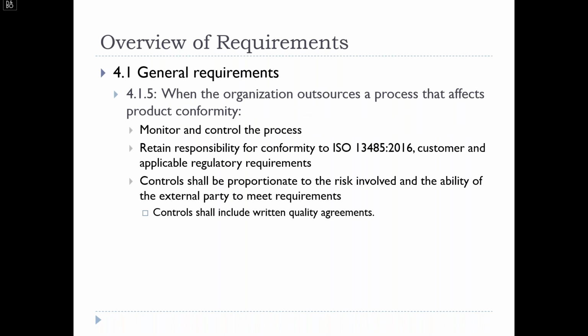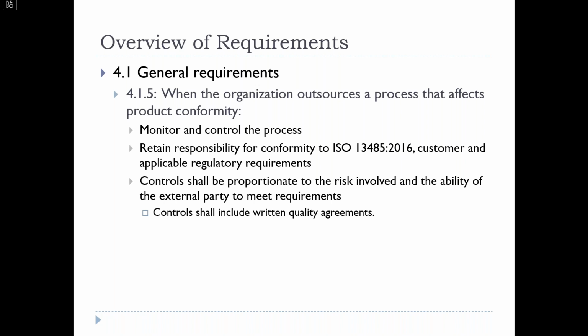4.1.5. Again, a really important slide. I think one of the most important slides in today's presentation. If an organization makes a business decision to outsource a process, this is very often manufacturing, but it doesn't have to be. It could be design, it could be transport, it could be servicing, it could be installation.